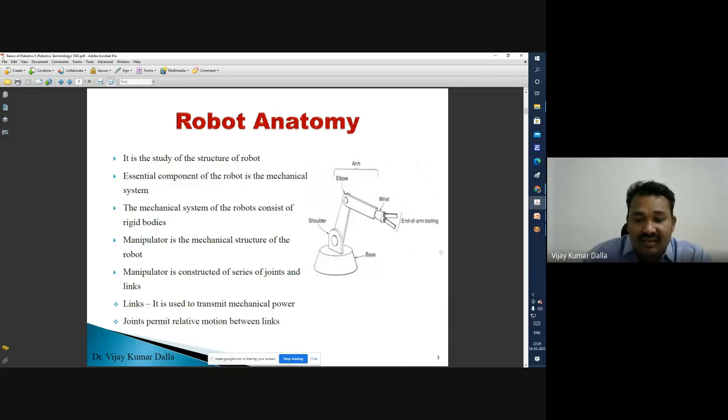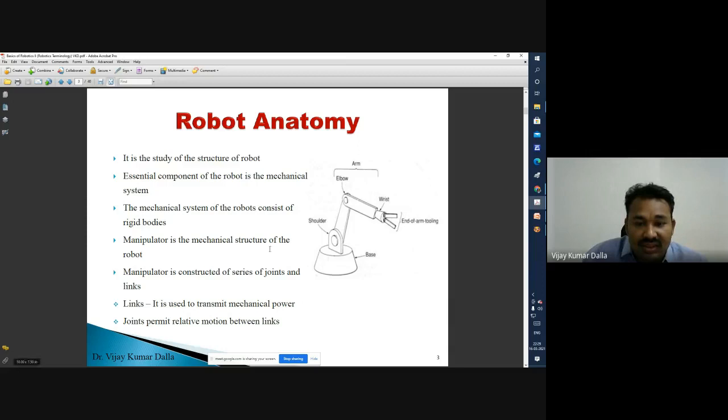This one can see in the given figure. The manipulator is made of links and joints. Links are used to transmit mechanical power, and the joints permit relative motion between links.